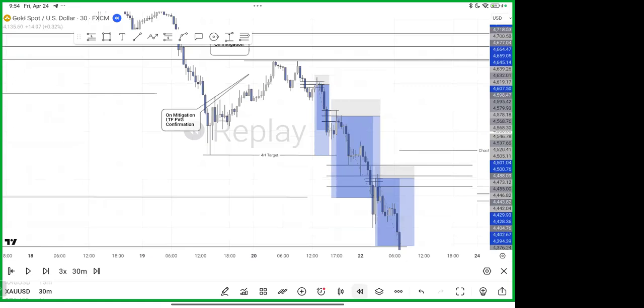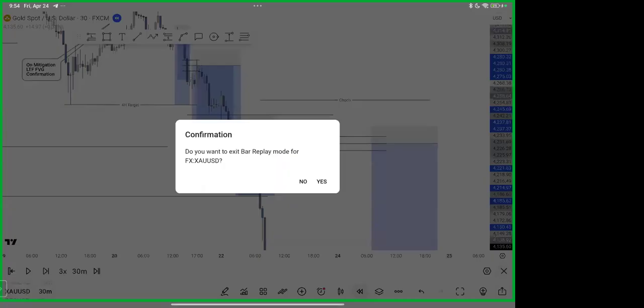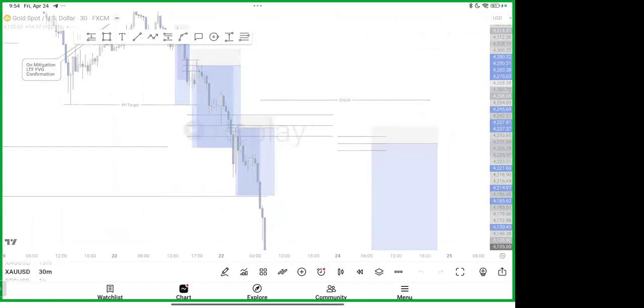So moving forward, this is how your refinement is for stop loss and entry.